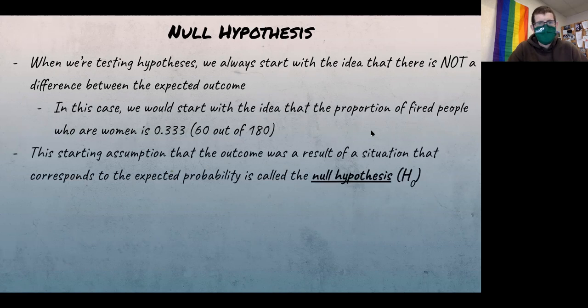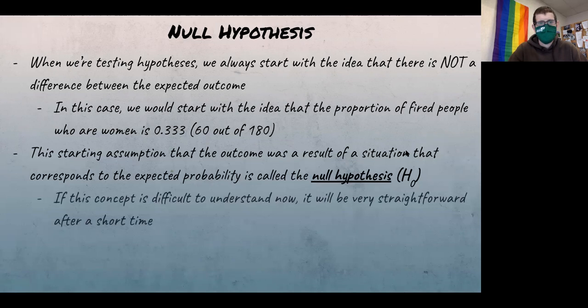The starting assumption is that the outcome was a result of a situation that corresponds to the expected probability. But the idea that there's nothing going on besides random chance happening, that's the null hypothesis.